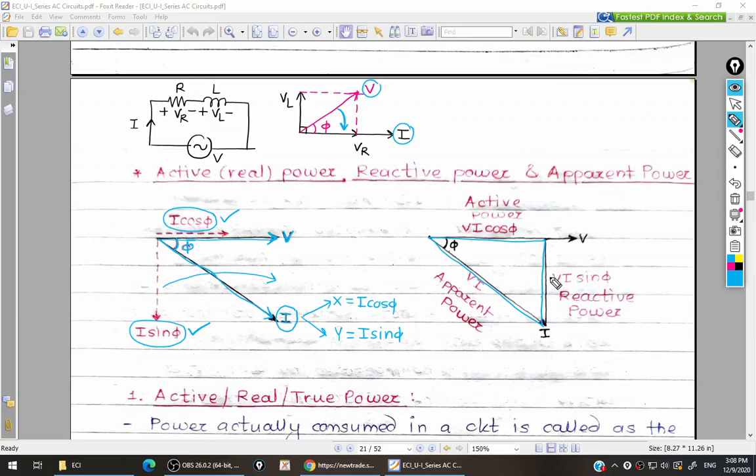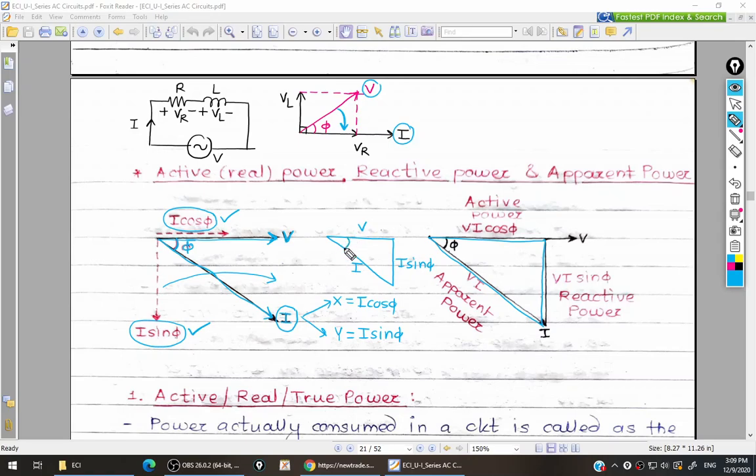So this is your V, then you have shifted this I sin phi on this side, and in between them we have the current I.